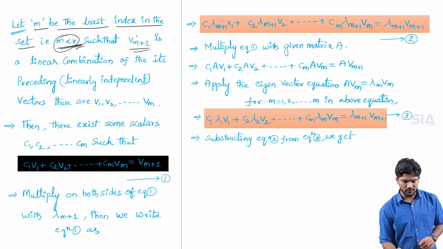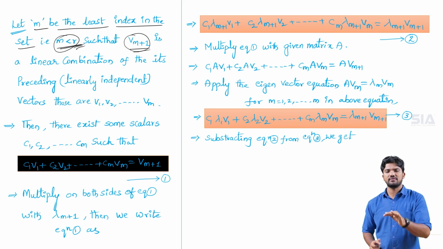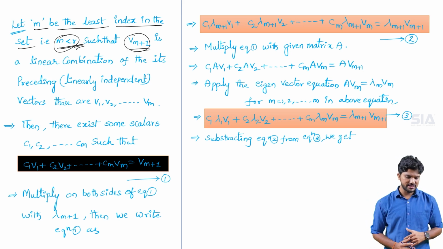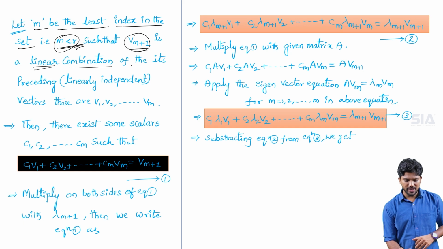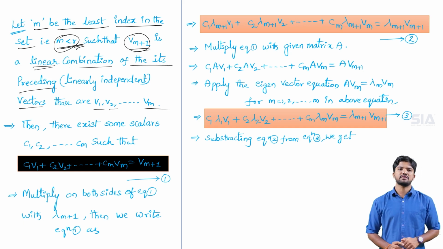Then you take v suffix m plus 1, one of the vectors after v suffix m, as a linear combination of its preceding vectors, those are v1, v2 and so on up to v suffix m.